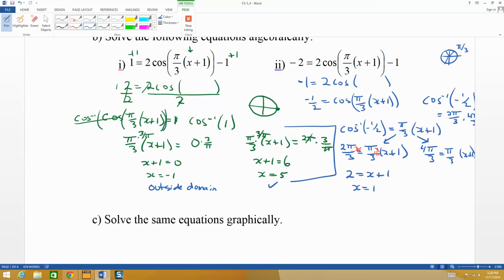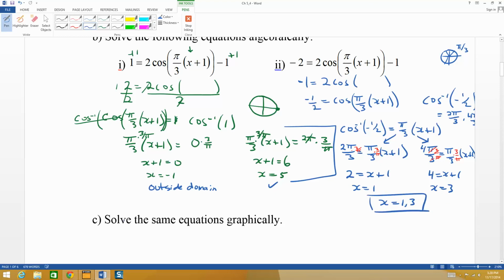Over here, when I multiply both sides times 3 over pi, my pi's cancel out, my 3's cancel out, and then I'm going to get a 4 is equal to x plus 1. So if I subtract 1 from each side, x is equal to 3. So here I have one solution, and this is both within the domain, so these are two solutions for x here. So that one's good.